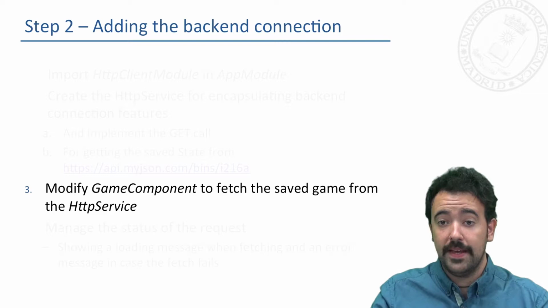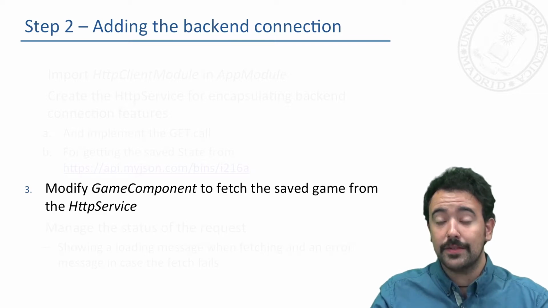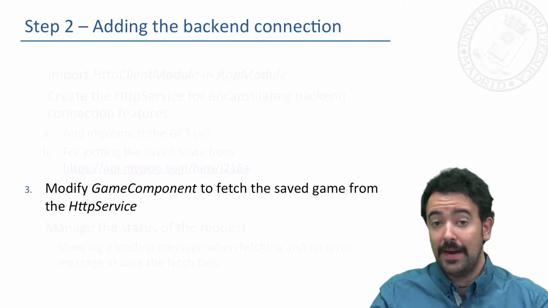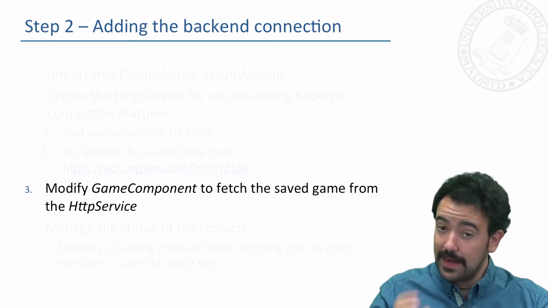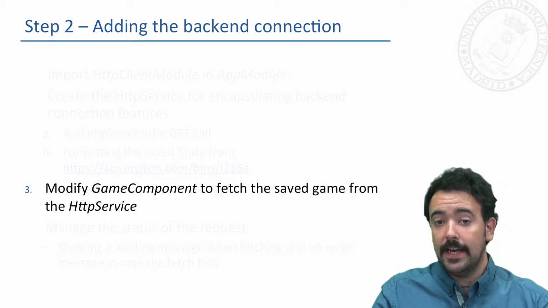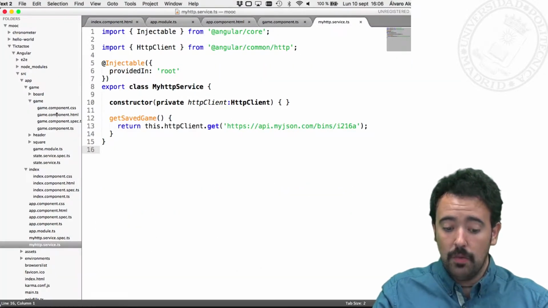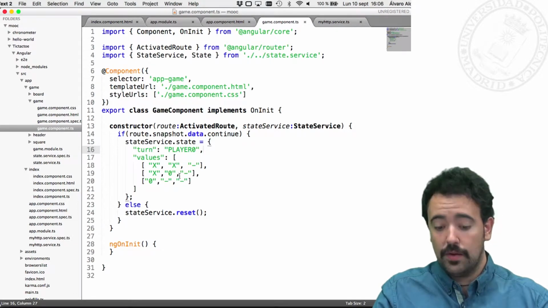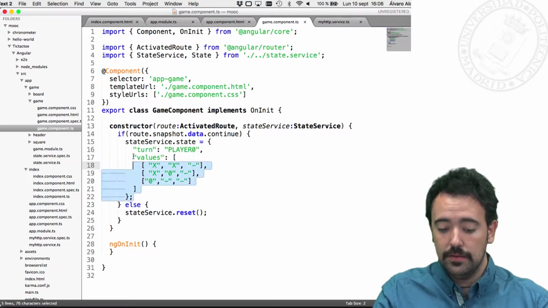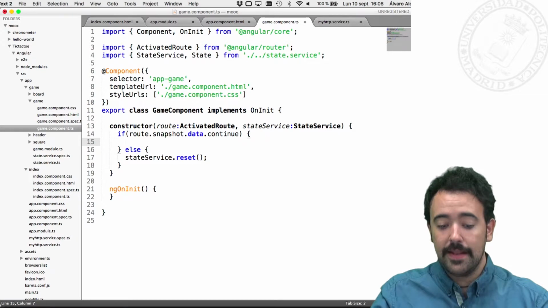Now I'm going to modify the game component logic in order to get the data from the backend service using the HTTP service we have just created. If you remember, in the game component we are currently using a fixed value we put here, and now I'm going to use the method getSavedGame that we have just created in order to get the data from the backend.